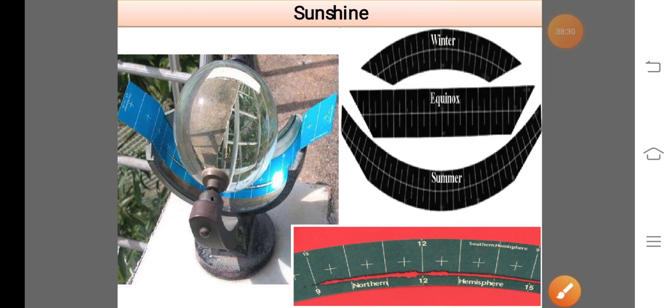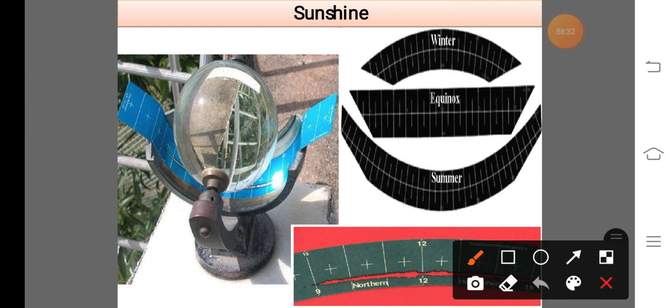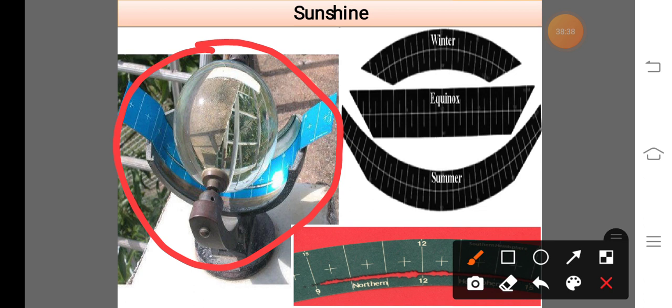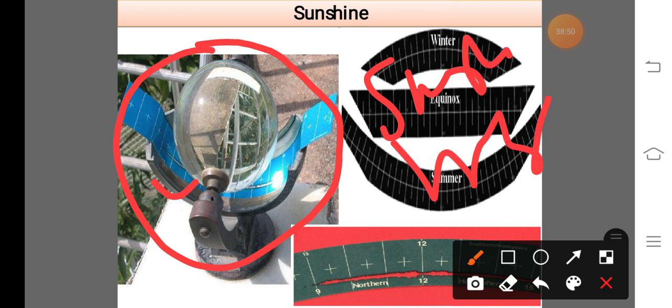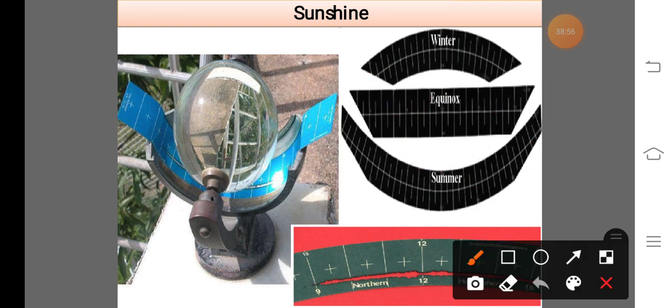Now the next, sunshine recorder. So see here, this is the sunshine recorder. It is also known as the Campbell-Stokes sunshine recorder. This is used to record the bright sunshine hours, on a 24 hour or daily basis. Here there are three cards used: winter card, equinox card and summer card.